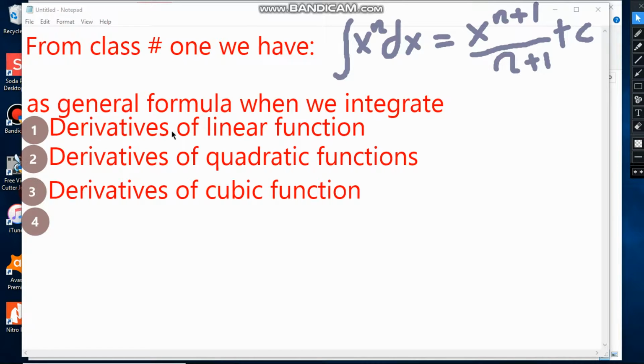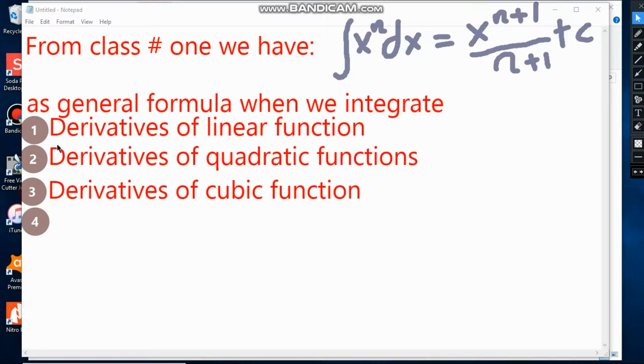First, in this position of x raised to n is where the derivatives are placed. And when we want to use this formula, the derivatives that are placed at this position must hold the following properties.